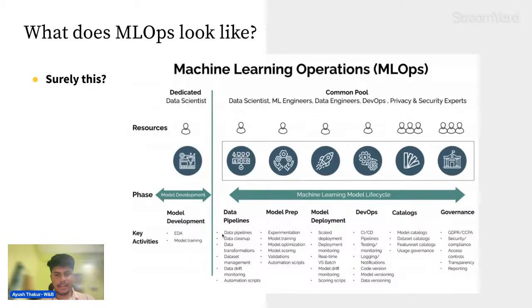One can also say that there are multiple key defined steps in MLOps, like you have to have a data pipeline, you have to have a model training preparation stage, and then there's a deployment stage, and so on and so forth. There's a governance stage. So one can also see MLOps in multiple stages, wherein you have a model development stage, where you do exploratory data analysis to understand the data, and do the model training.